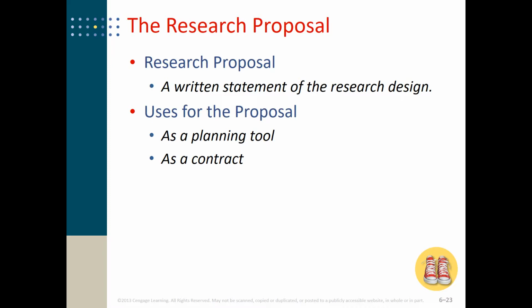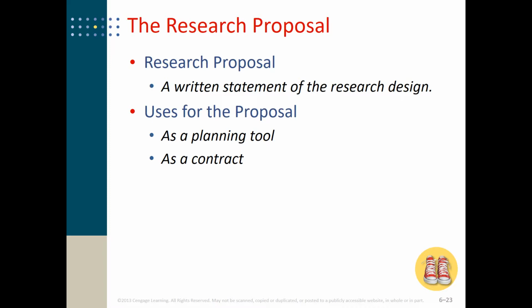A research proposal is a very elaborate statement of the research design. It includes, first of all, a statement explaining the purpose of the study. It should be very clearly written what the research is and what its purpose is. It also includes a very clear definition of the problem.